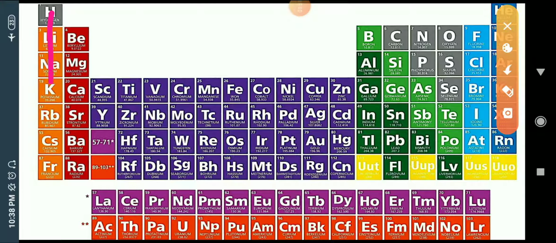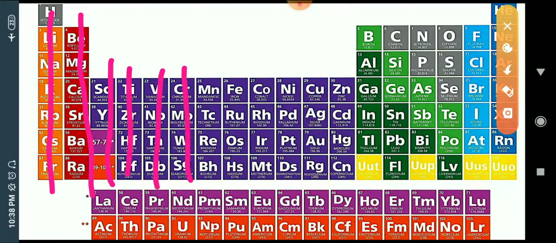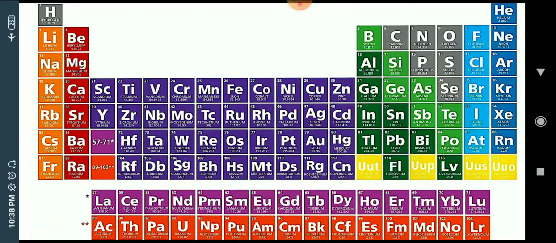All these are called groups. So how many groups are present? There are 18 groups, 1 to 18. So a total of 18 groups are present in the long form of the periodic table.